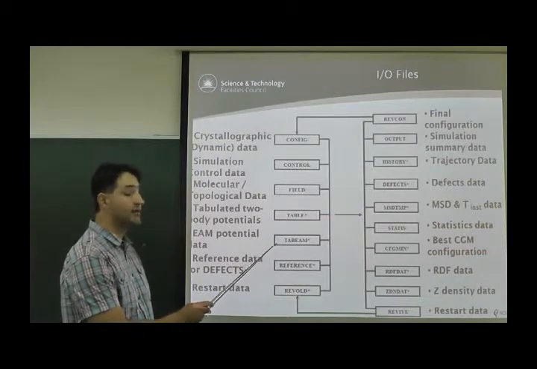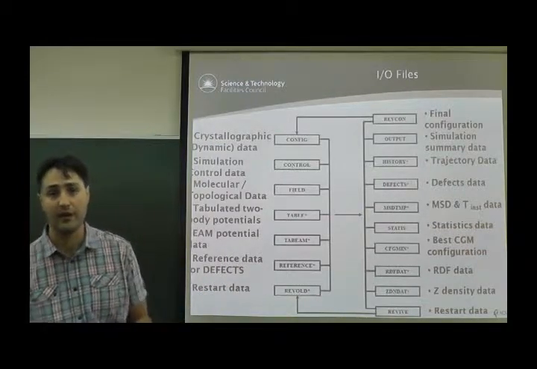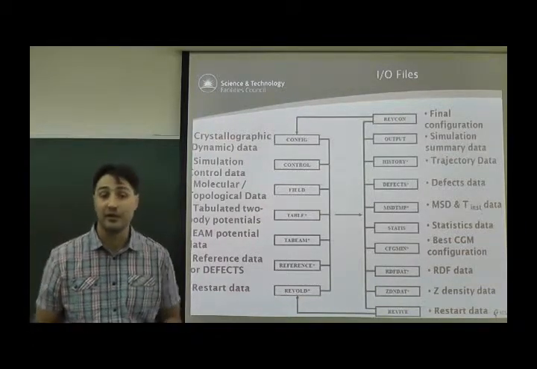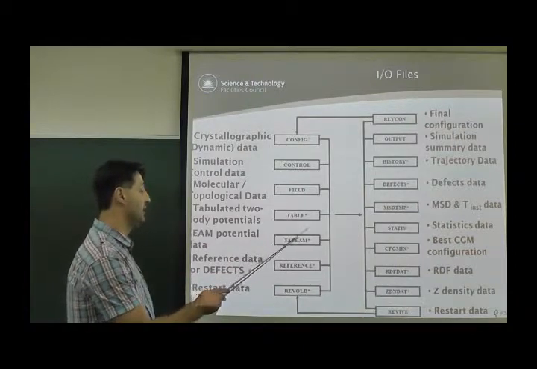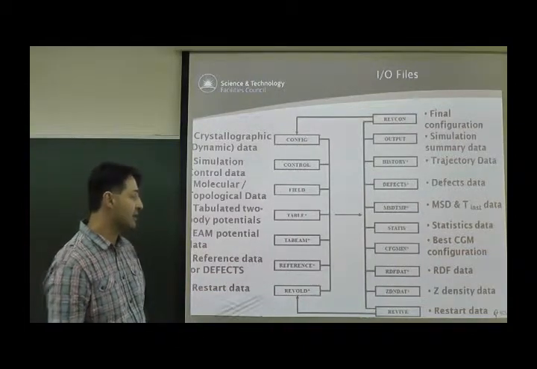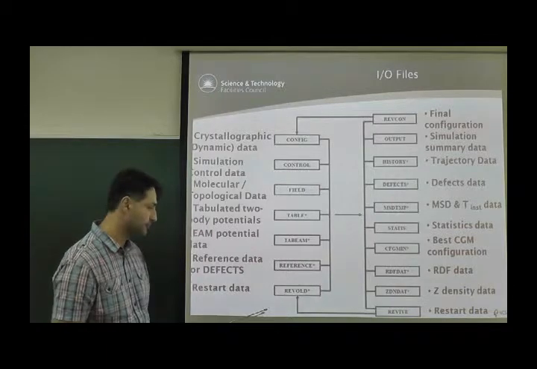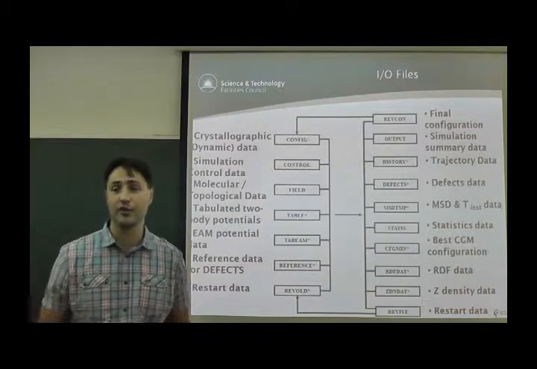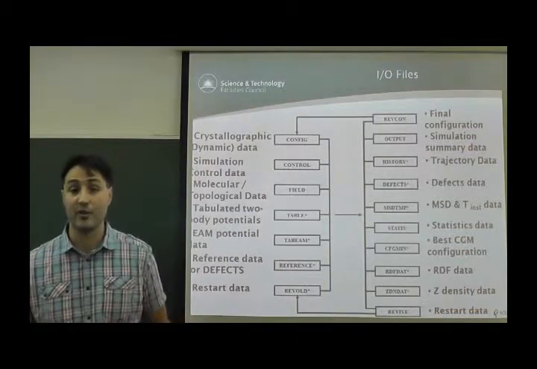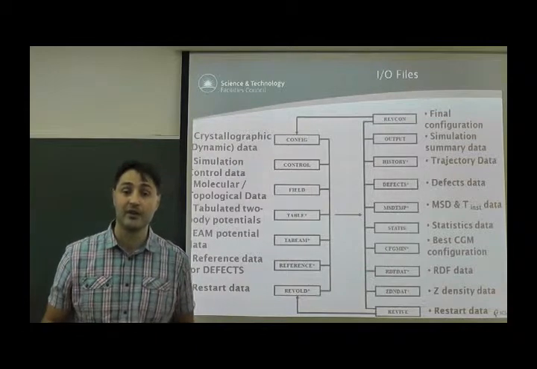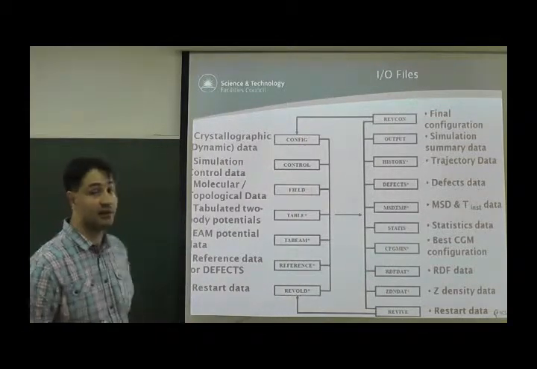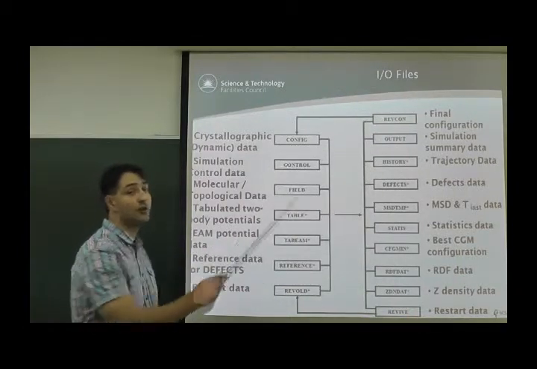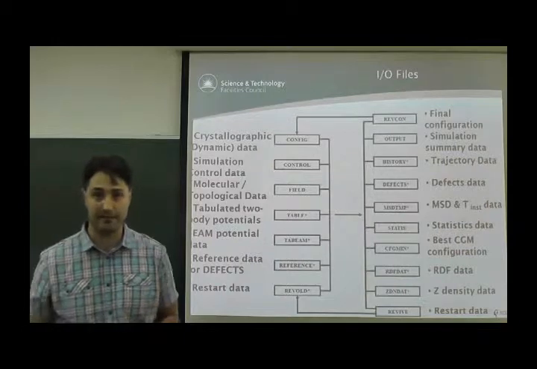Similar for metal interactions, those that don't fall within analytical expressions, like the embedded atom model and its derivatives. There is a TABEAM file, and for radiation damage there is a specific file called REFERENCE. If we want to carry out a simulation beyond a certain time, when we want to restart a simulation from a certain point that we have previously run, we need to provide a REVOLD file, and we need to indicate in CONTROL that this is a continuation from a previous run.